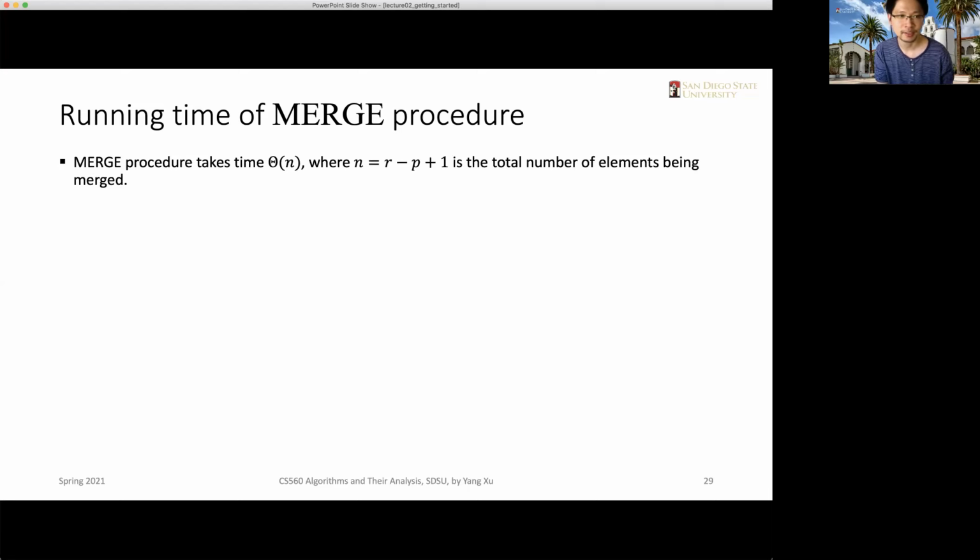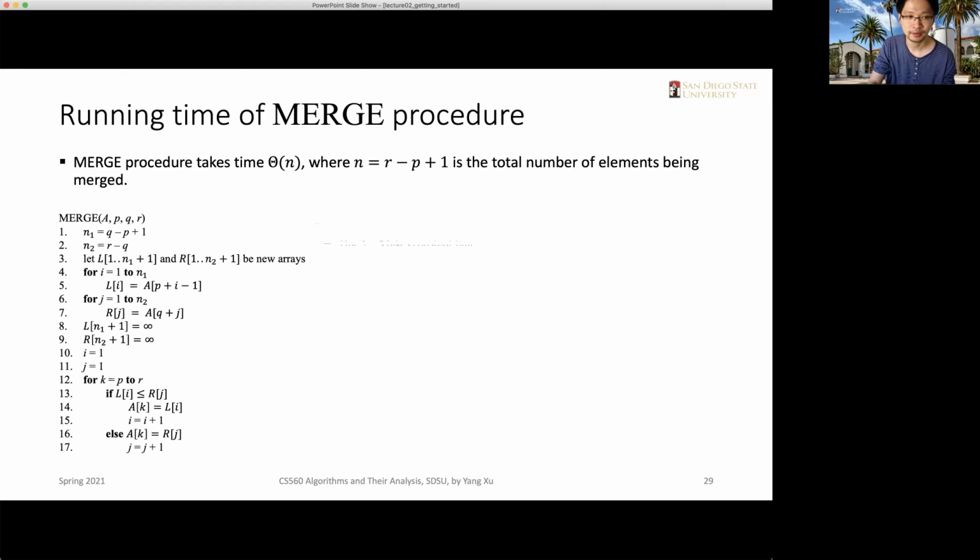It's very easy to understand, because if you look at the code, there's a for loop that iterates from the first element of A to the last element. So it's just n elements in the sequence being merged, right? Lines 1 to 3 take constant time.